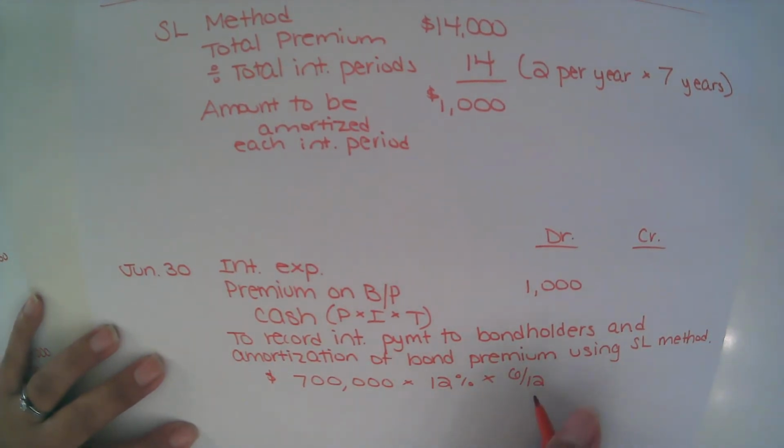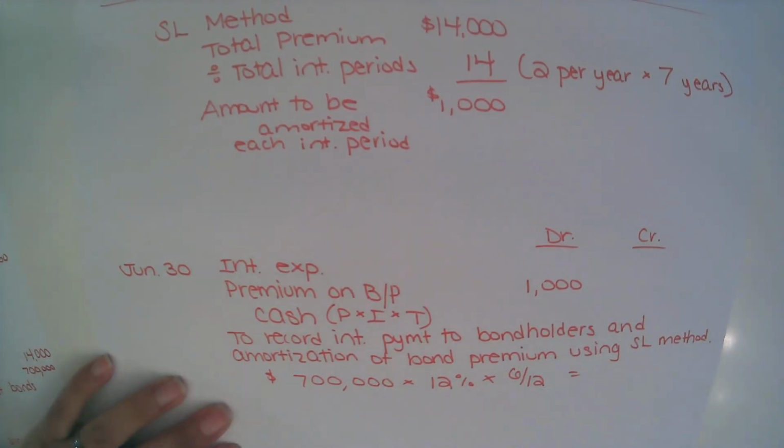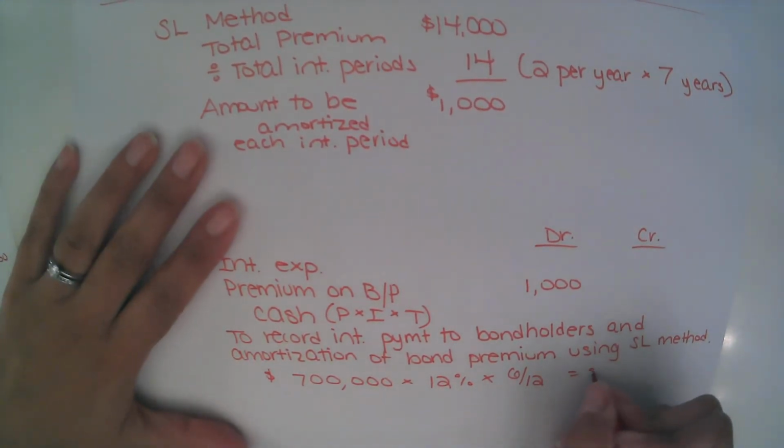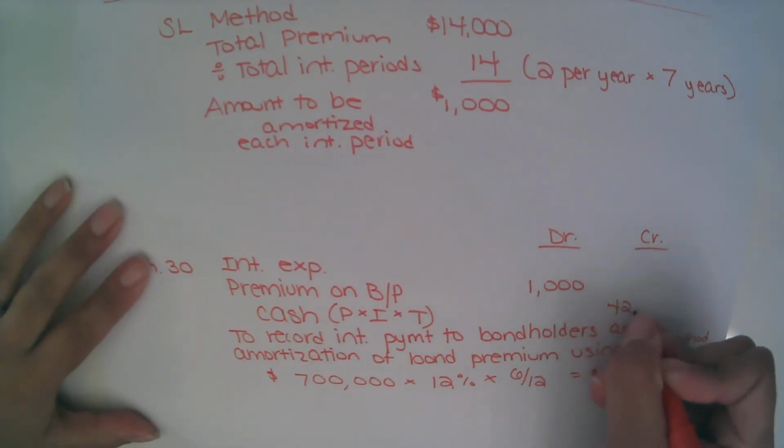So you could do 6 over 12 or 1/2. Either way would be fine. Math that out, and you get 42,000. Right, so interest is pretty steep on these bonds here. $42,000.